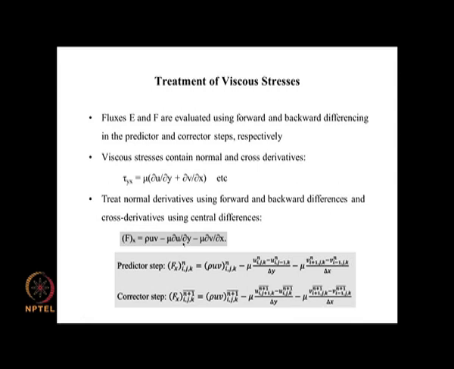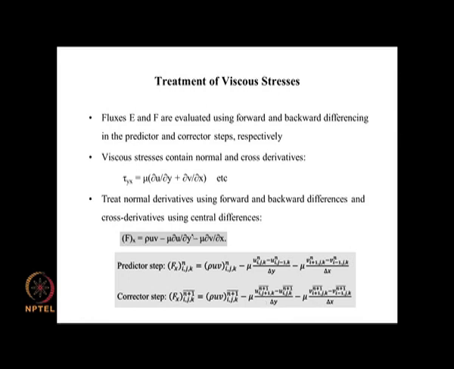In the case of a normal derivative, in the predictor step we use ijk minus ij minus 1k, so this is backward differencing, and the same term in the corrector step is written as ij plus 1 minus ij, so this is forward differencing.